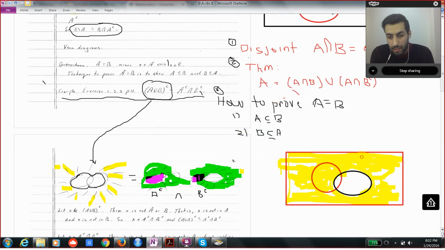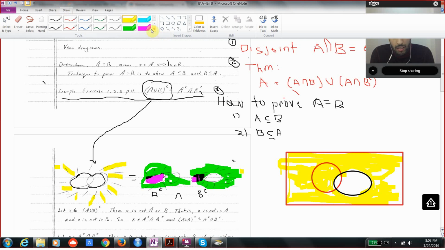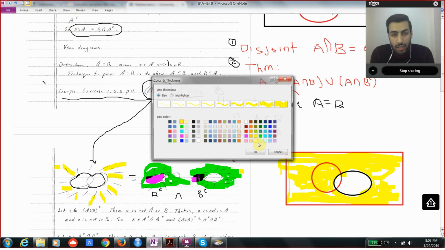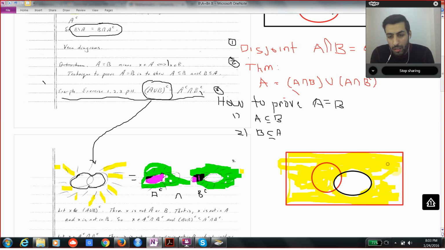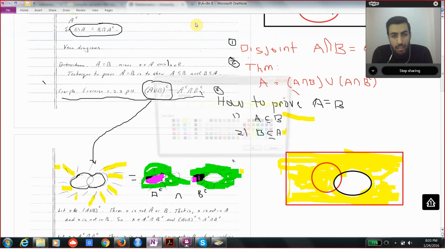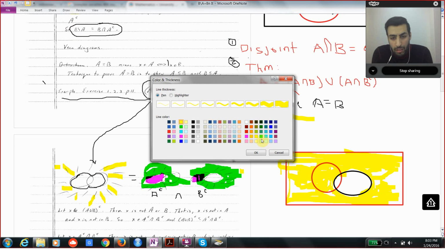Okay, so A complement's everything outside of, whoops, I need to draw it in a different, deeper color. Let me draw it in green. It's weird, oh, hold on, I gotta change the color. It didn't change the color for some reason. Oh, I know why. There we go.